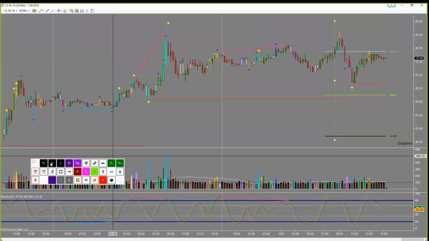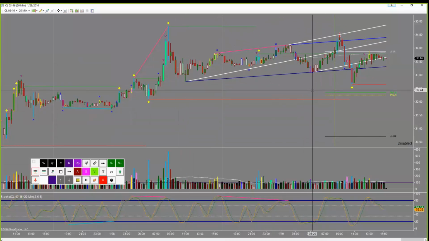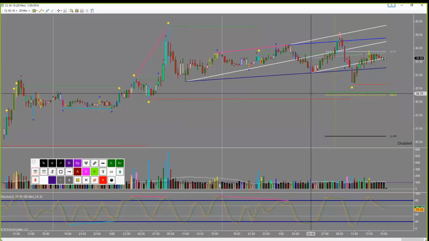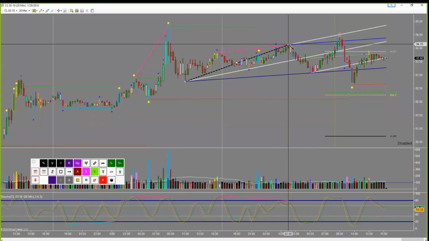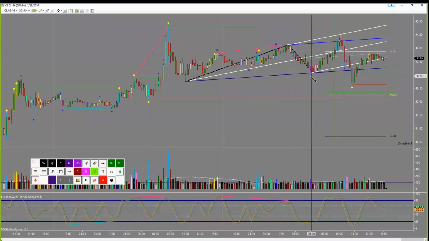At the open, we're doing our pre-market routine, and we're looking at this and saying, okay, we've made one wave up, a wave back down, and we're starting another move up.